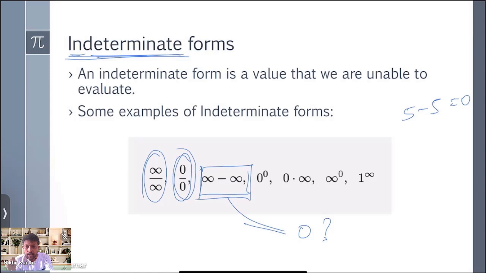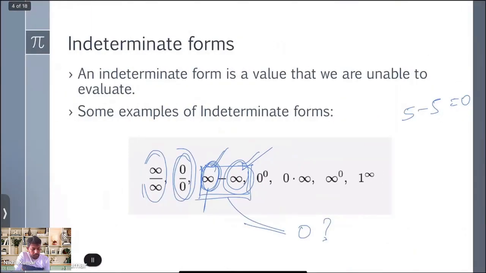All we know is that infinity means something very, very large. Now, it might be possible that this infinity is larger than the second infinity, or the first infinity is smaller than the second infinity, and that would change the answer. And that's why we can't really be sure what these numbers actually are. We just know that these are very, very large numbers, that's all. And that's why it's an indeterminate form.